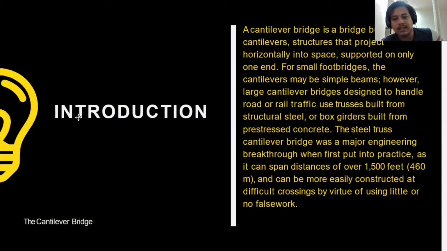The steel truss cantilever bridge was a major engineering breakthrough when first put into practice, and it can span a distance of over 1,500 feet and can be more easily constructed at difficult crossings by virtue of using little or no falsework.